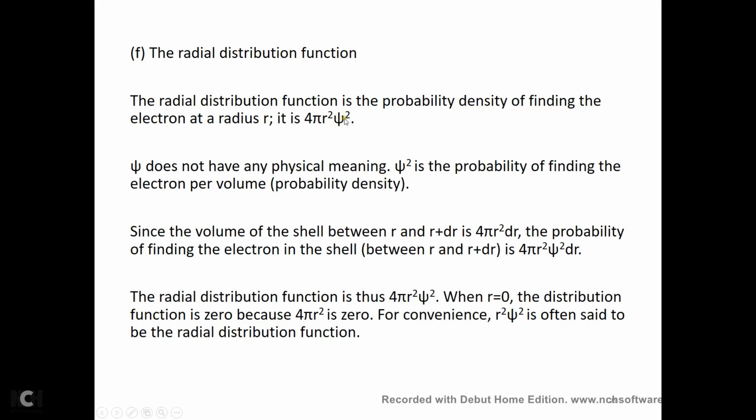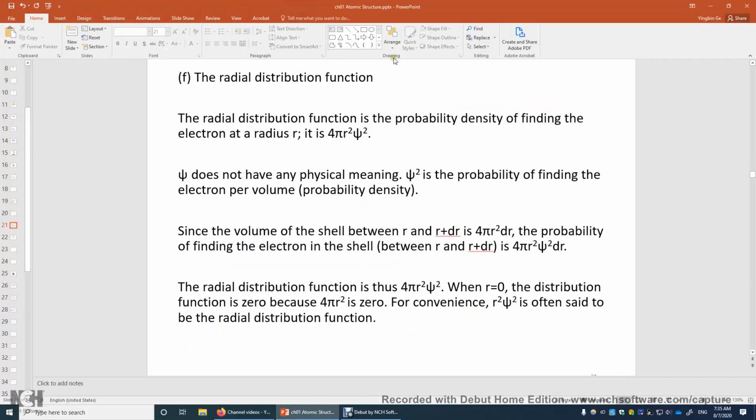So it's not just the psi, it's psi squared, and then multiplied by 4 pi r squared. The reason is, in quantum mechanics, a wave function does not have any physical meaning, but if you square it, that's the probability density of finding the electron. Or you can say probability per unit volume. So that's the physical meaning of psi squared.